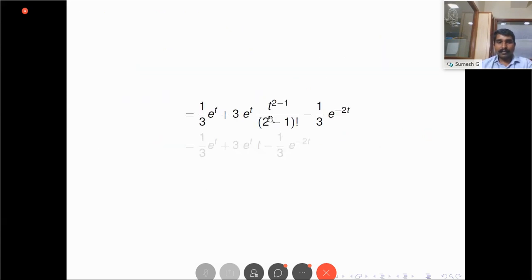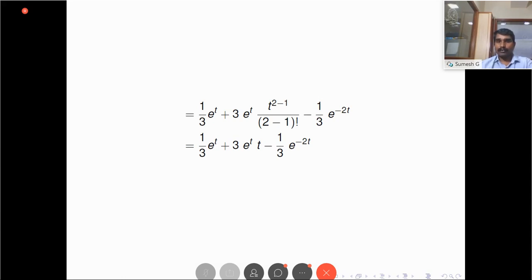Inverse of 1 by s square is t. Final answer is 1 by 3 e raised to t plus 3 into e raised to t into t minus 1 by 3 into e raised to minus 2t.